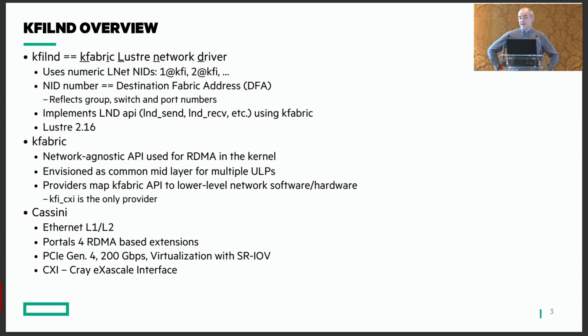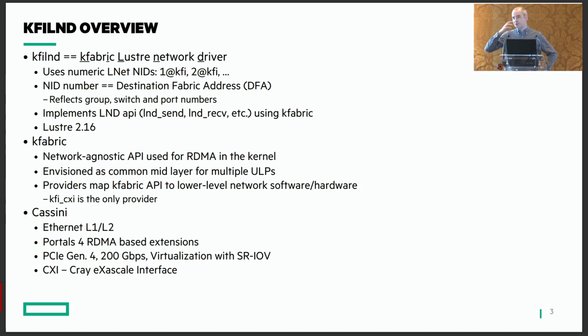So a little bit about Cassini, the Slingshot interconnect. At the hardware level, the Cassini link is an Ethernet link. But it also natively supports the Ethernet L2 layer, so it can natively do Ethernet traffic, and we have a good Ethernet driver implementation. And alongside that Ethernet L2 layer is a Portals 4 RDMA-based RDMA implementation within the NIC.